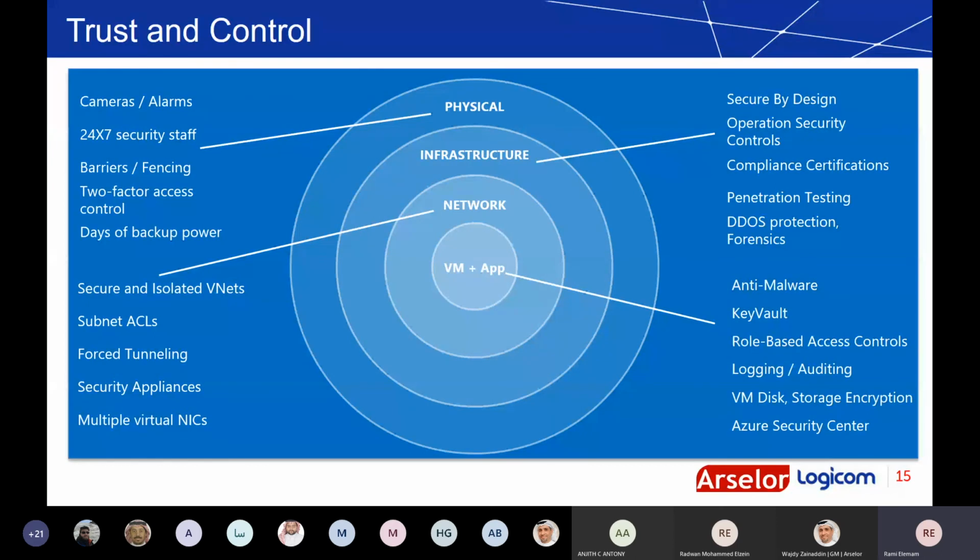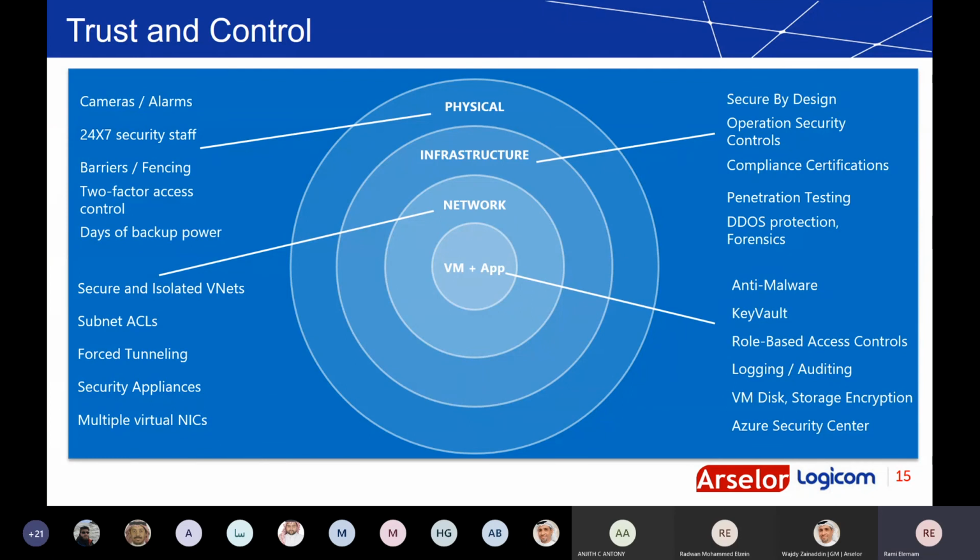You have role-based access. You can control who can access my environment on Azure. For example, I have two administrators. I can give administrator number one access to do only the backup. Number two, I need him to manage everything, so I can give him the role of managing the servers. Also, you have logging and auditing, so you can monitor and see clearly who is accessing my environment.